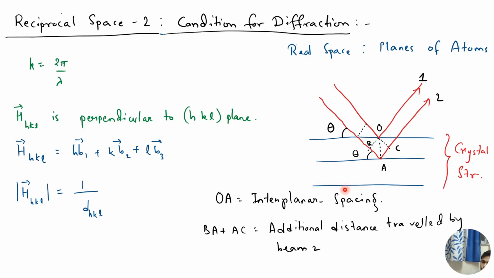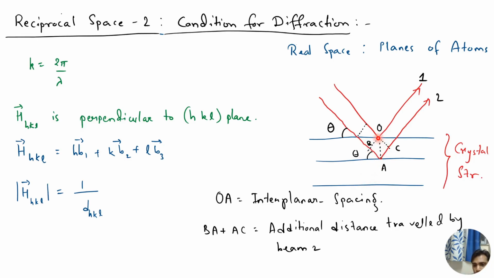So this is one plane of the crystal, another atomic plane of the crystal, and this is the third atomic plane of the crystal, and the light is falling from the top and getting diffracted, making an angle theta with the plane. Now this OA is the interplanar spacing, the space between the two planes.